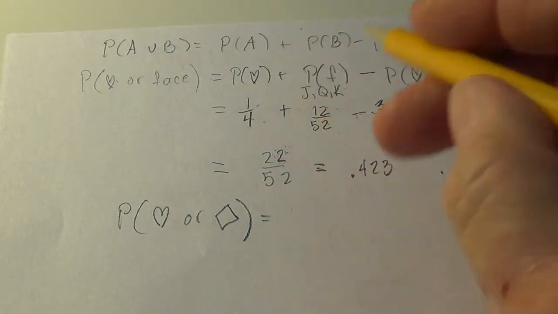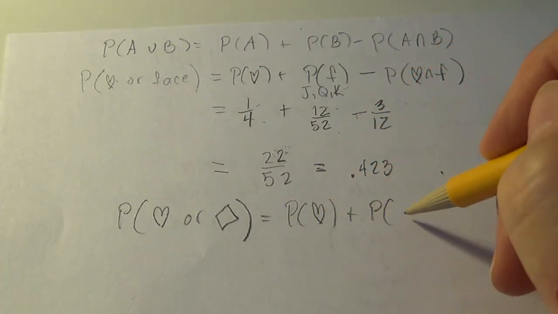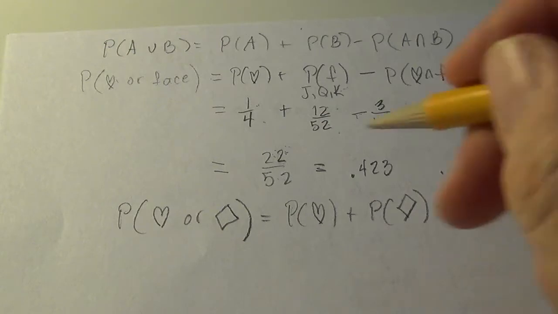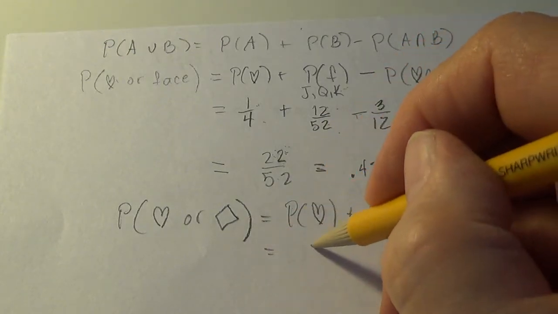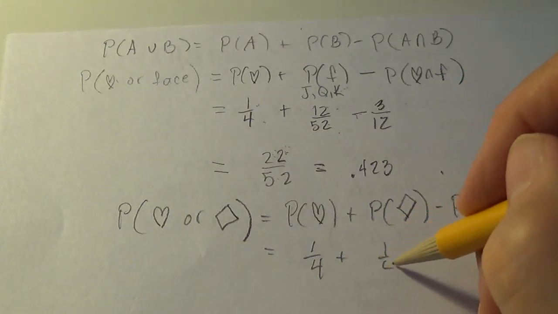So, following the formula, it's the probability of a heart plus the probability of a diamond minus the probability of being a heart and a diamond at the same time. The probability of being a heart is 1/4. The probability of a diamond is also 1/4.